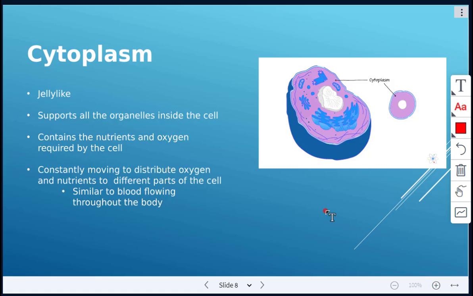The cytoplasm also contains the nutrients and oxygen that are required by the cell, and it is constantly moving. That movement allows distribution of oxygen and nutrients to different parts of the cell. It's similar to blood flowing throughout the body.